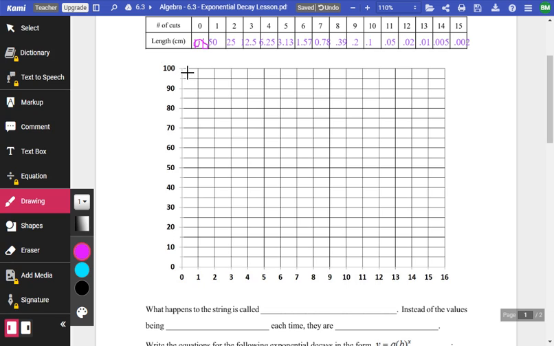So at 0, I'm up here at 100. At 1, I'm at 50. At 2, I'm at 25. So that's right between that 20 and that 30. At 3, I'm at 12.5. Okay, so 10, it's below the 15. So it's getting a little harder to graph. At 4, I'm at 6.25.